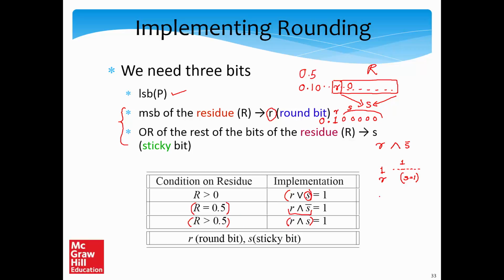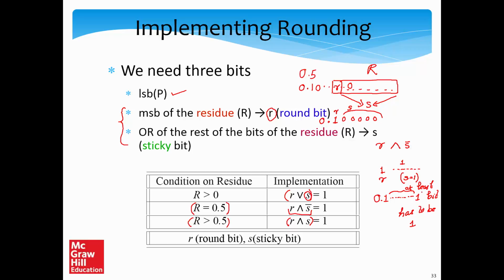Why is this again? Because any number greater than 0.5 has a binary representation of the form 0.1 and then anything else, but among these other bits, at least one bit has to be 1. Then we can say that the number is greater than 0.5.